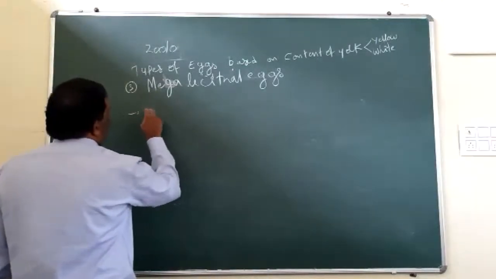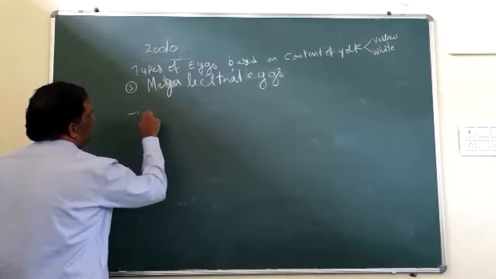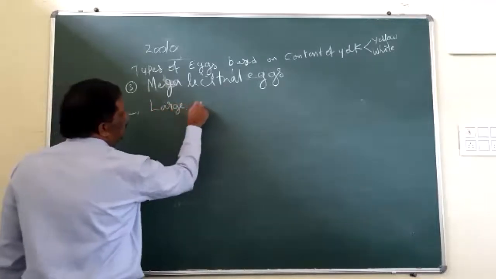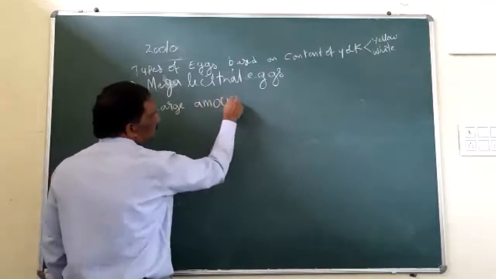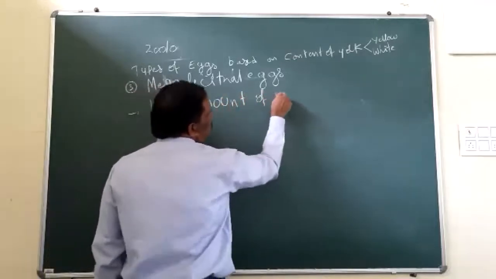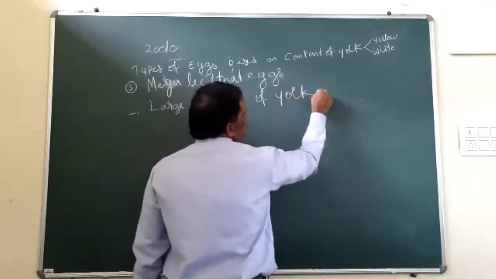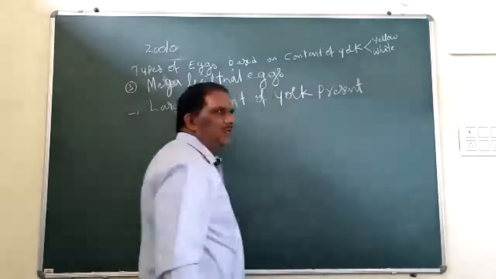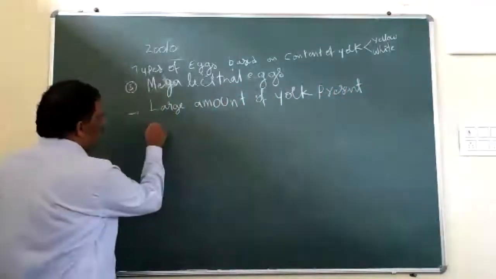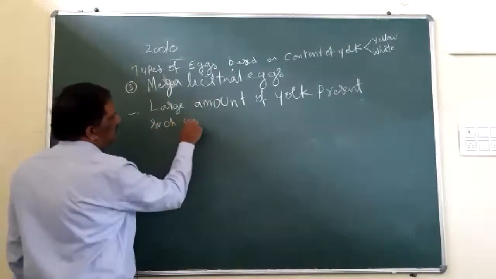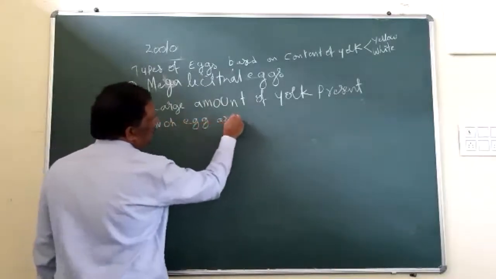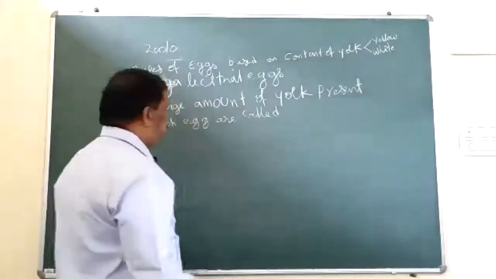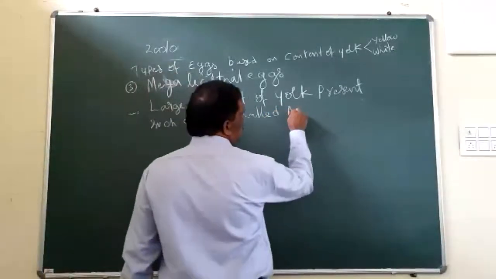The amount of yolk is large. A large amount of yolk is present. Such eggs are called megalecithal.